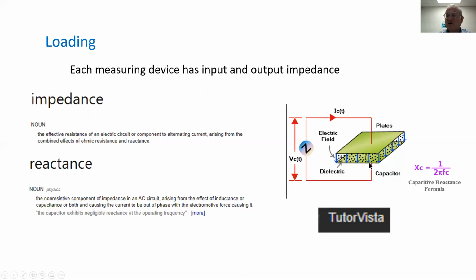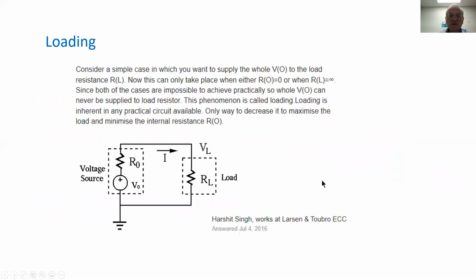But when the frequency is very high, the resistance to flow becomes low according to this equation. The reactance equals 1 over 2 pi times the frequency and the capacitance. Now, how does it play in loading? We see over here that we have a sensor with a voltage source, and we have over here a measuring device with a loading source.